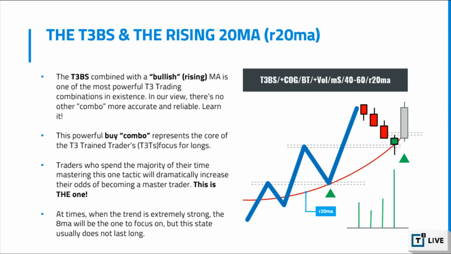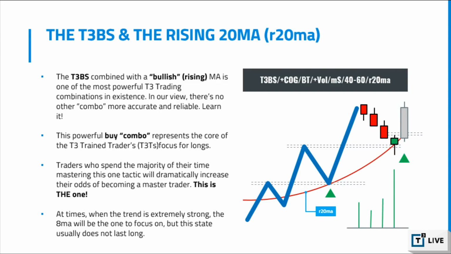What I mean by combo here is no other amplifier that's more accurate or reliable, so make sure to learn it. This powerful amplifier represents the core of the T3 trained traders' focus for longs. Traders who spend the majority of their time mastering this one tactic alone will dramatically increase their odds of becoming a master trader. This is the one.